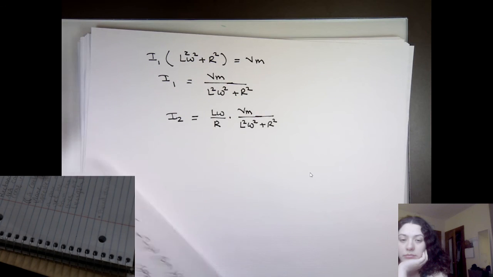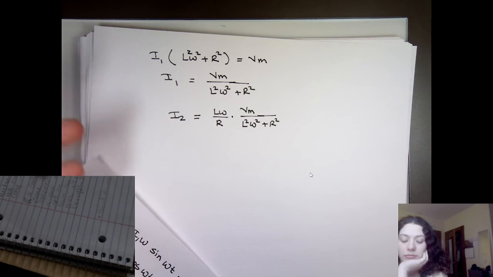Now if we have numbers for these, if that was an example with numbers in it, I'm done.